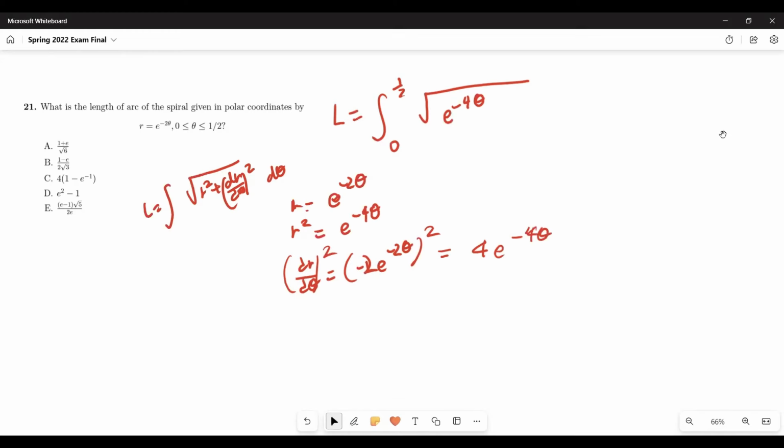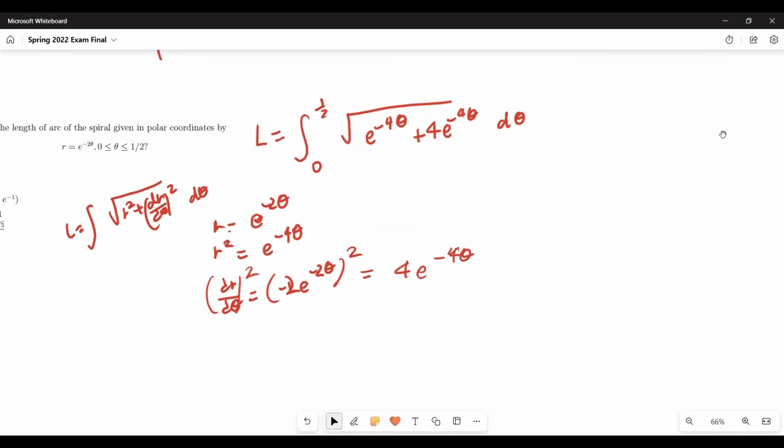So that becomes plus 4e to the negative 4 theta d theta. Okay, so that just becomes the integral from 0 to 1 over 2 of the square root of 5e to the negative 4 theta d theta.